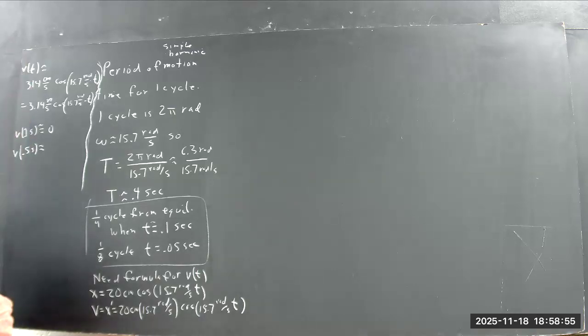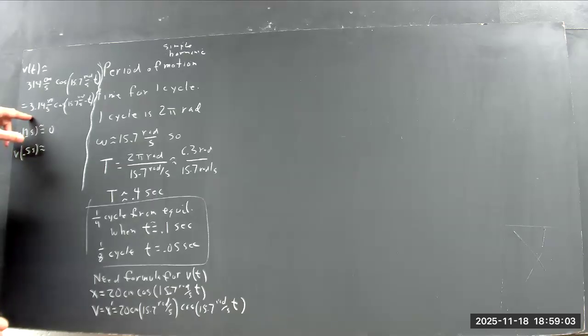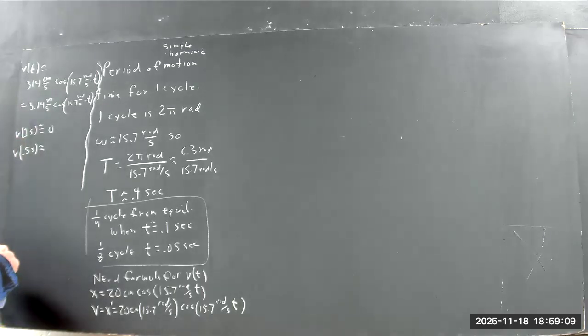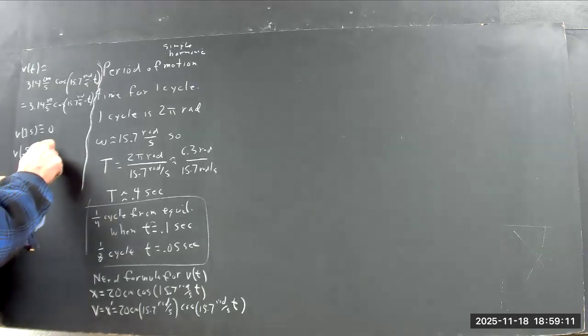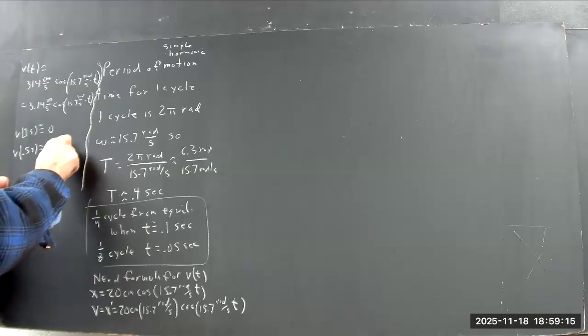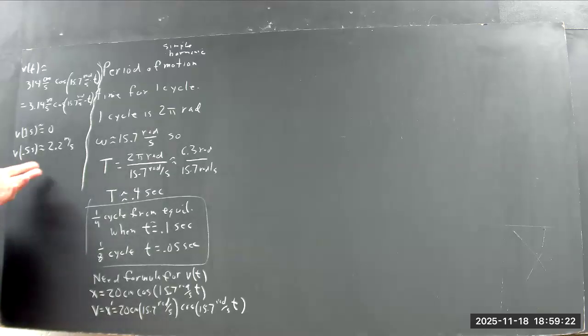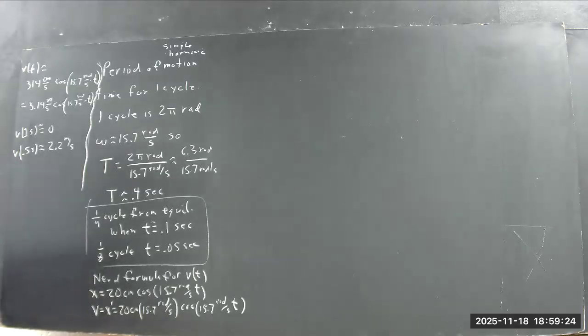It's late at night. Okay. 0.7 times 3 is 2.1, and you add 0.021, and then you got the 0.14. I'm thinking you get about 2.2 meters per second. All right, we'll take that.